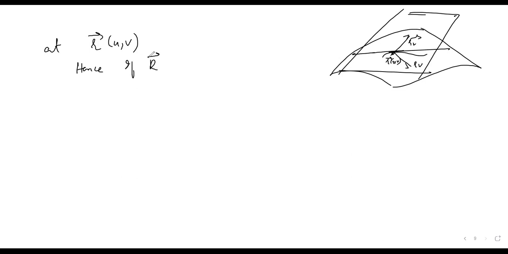Okay, so hence if capital R is any point on this plane, any point, then this R minus small r would be a vector that lies in this plane.